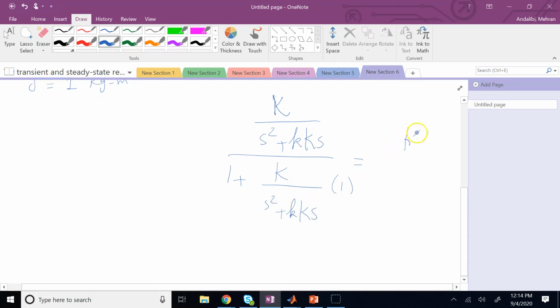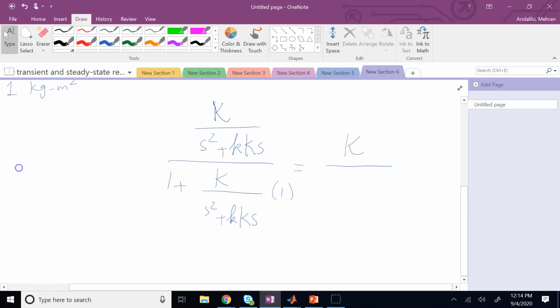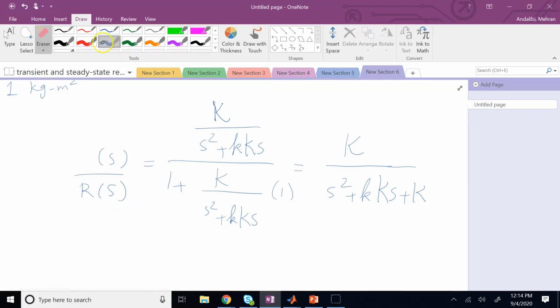Which again, if you simplify it, is going to be cap K over S squared plus small k cap K S plus cap K. Okay, so this is your transfer function G of S, or you can say this is, in this case, C of S over R of S, right? This is your final closed loop transfer function.